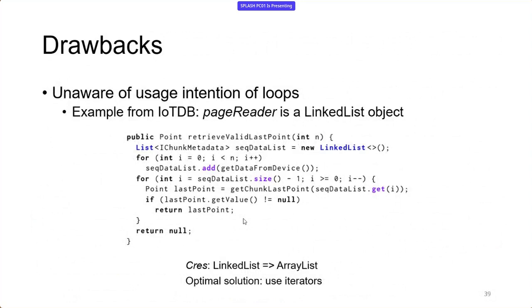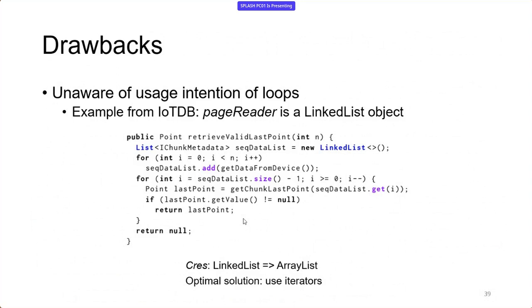Also, our approach is not aware of some usage intentions of the containers. Here is a real-world example. As we can see, this linked list is traversed backwardly in the second loop. So according to our approach, Cres can just replace this linked list with an array list so that it can support more efficient random access.